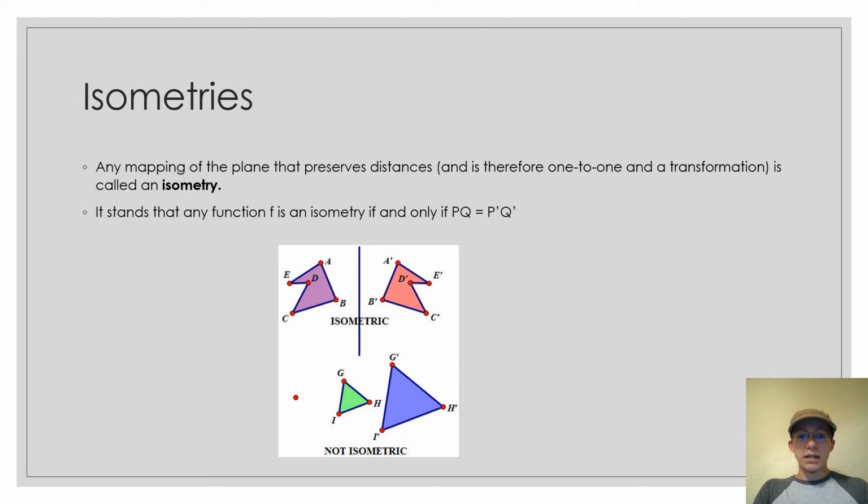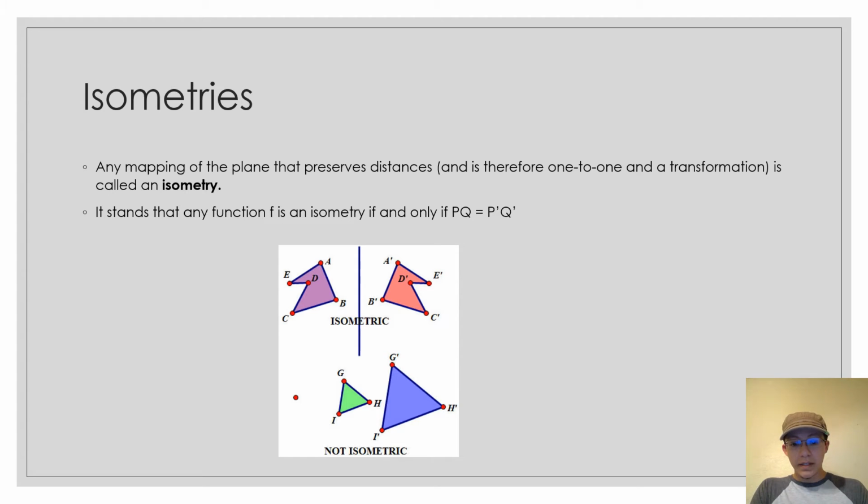So it stands that any function f is an isometry if and only if, for each P and Q, with P prime being equal to f of P and Q prime being equal to f of Q, PQ is equal to P prime Q prime.